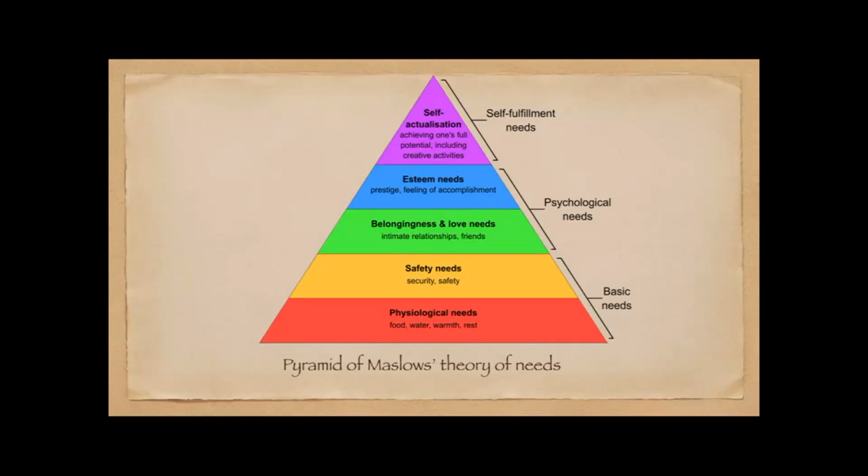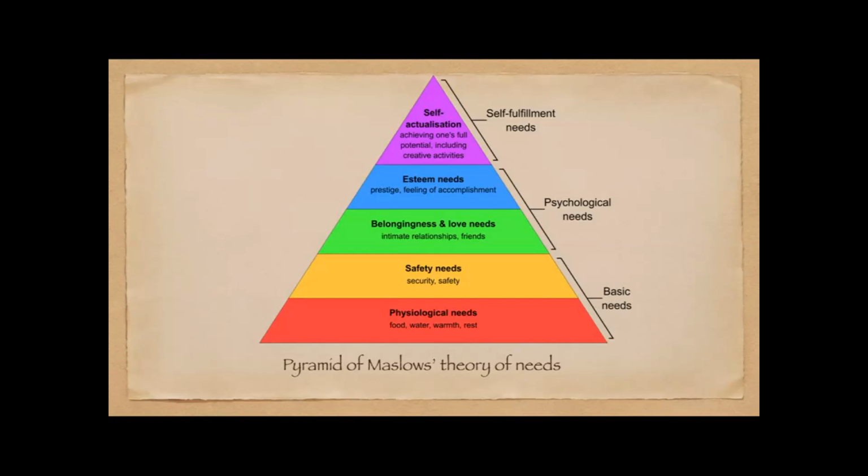Another level is safety needs, security and safety. Another level is psychological needs. It has belongingness and love needs, esteem needs, and finally, at the top level of needs, Maslow has given self-actualization.